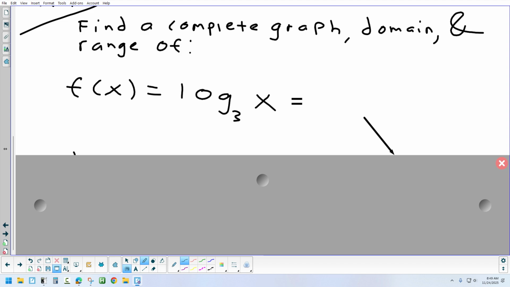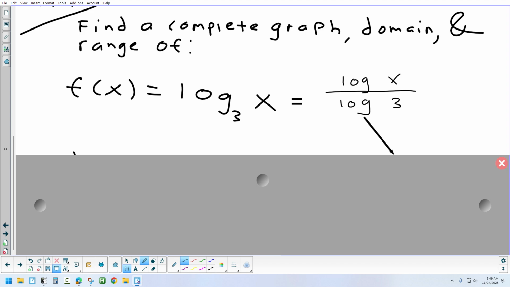Can someone remind me, how will I rewrite that so I can type that in on the calculator? Yep, Lens. Would it be log 3 over log x? Okay, and we got to remember which one goes in the top. The log x. Remember, 3 is in the bottom, so that stays in the bottom.